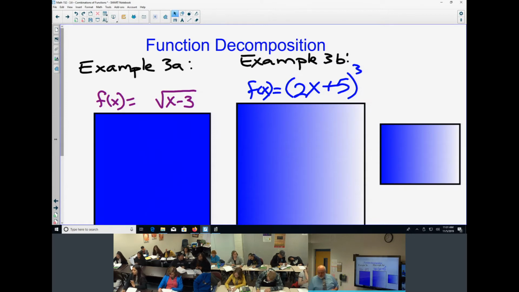And the blank is: there's more than one way to decompose a composite function. When you finish 3A, if you feel like you're up to doing 3B, then go ahead and do that as well.